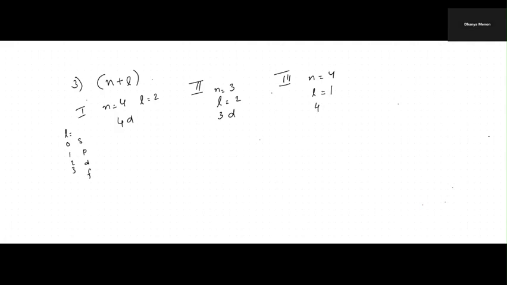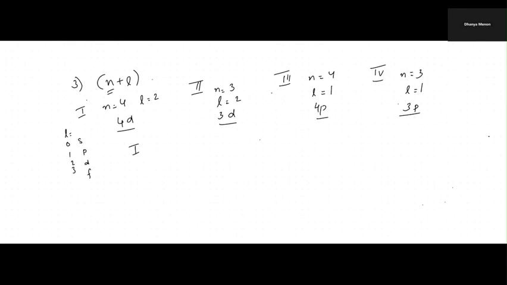In the fourth one, we have N is equal to 3, L is equal to 1. So that is 3P. Now, we also know that the higher the value of N, more is the energy. So, definitely, the first one will have the highest energy, right?